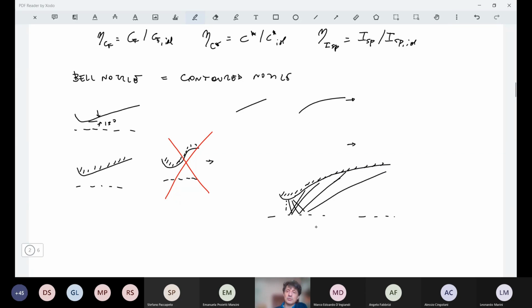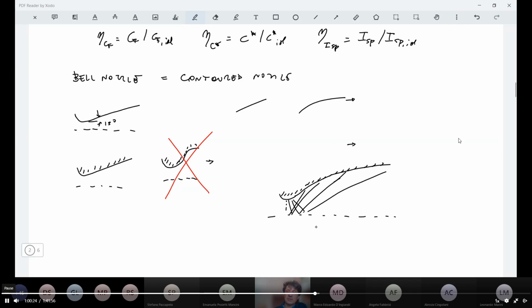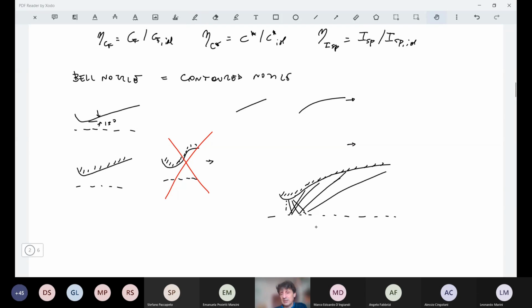Here we don't go into details of the design of the nozzle by the method of characteristics, but what you see is that from this kind of methodology we can actually have one-dimensional flow at the exit. So we can reach the ideal operating condition if divergence is the only loss.